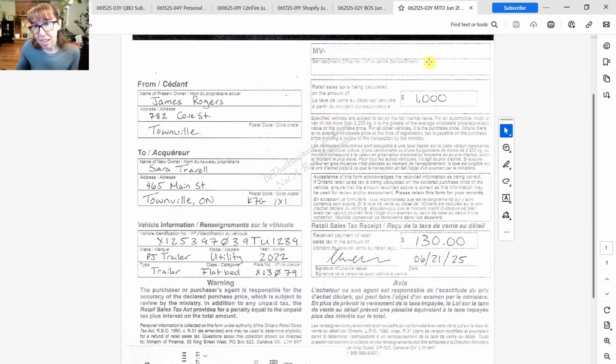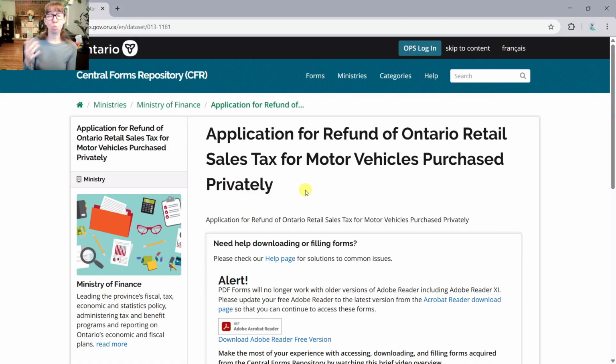Now, this is just a little trailer, so it's not a big vehicle. It's only 130. But if it's a bigger vehicle, we might be worried that that's a lot of money lost. But I have great news. The Ministry of Ontario also listened to the business owners who are saying, hold on, doesn't seem fair either. We should be able to get this back as a credit. And so what the Ministry of Ontario has is a refund of that sales tax from the provincial government.